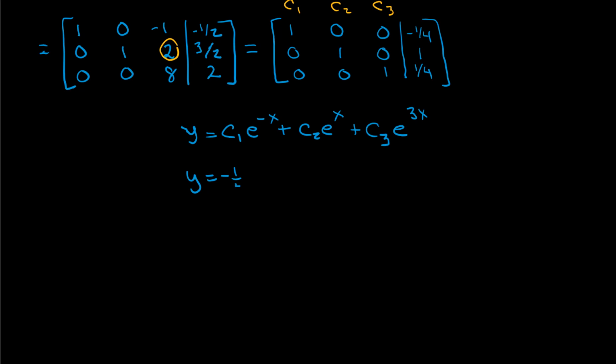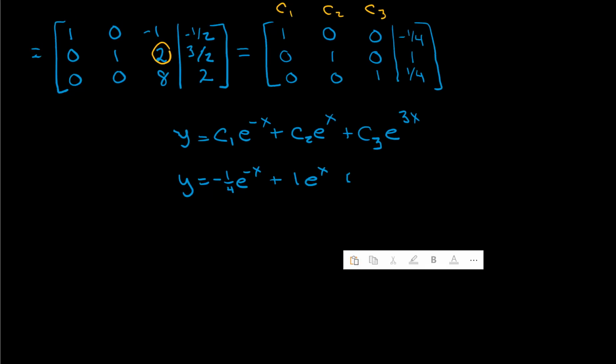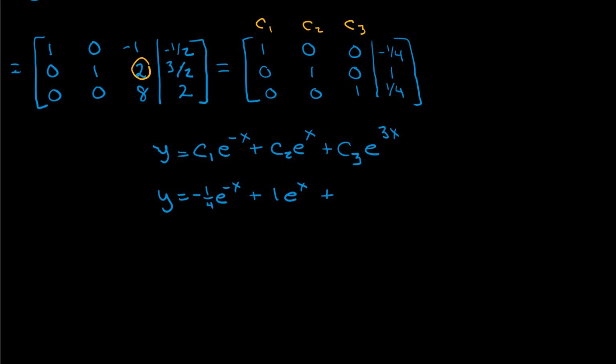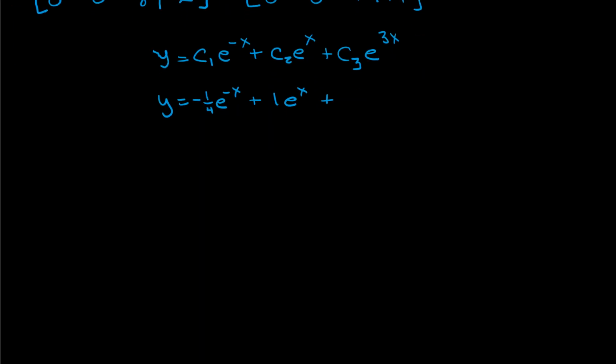So we have a negative 1/4 e to the negative x, plus the value of C2 is 1, so we have 1 e to the x. Then we have our value for C3, which is 1/4, and that's going to give us 1/4 e to the 3x.